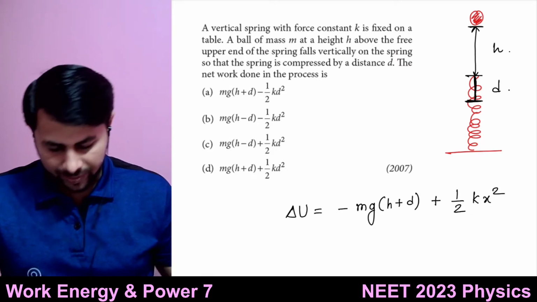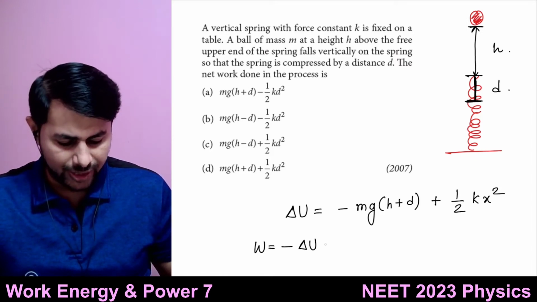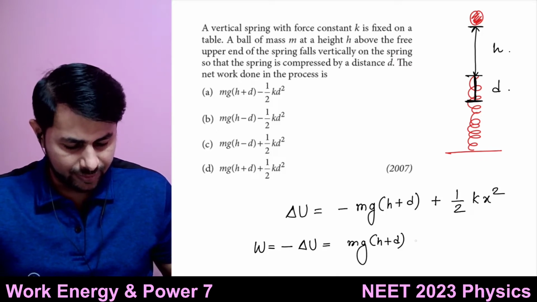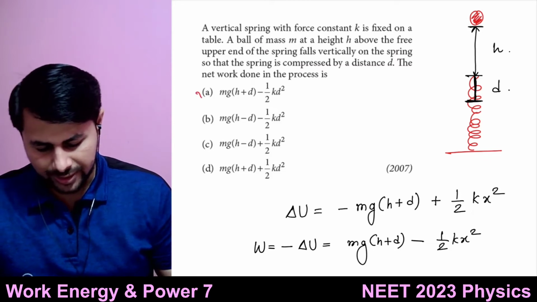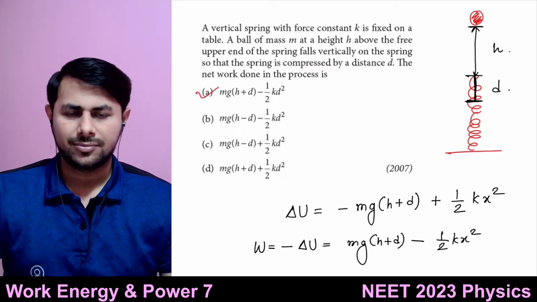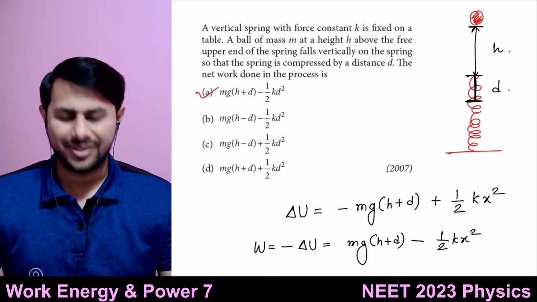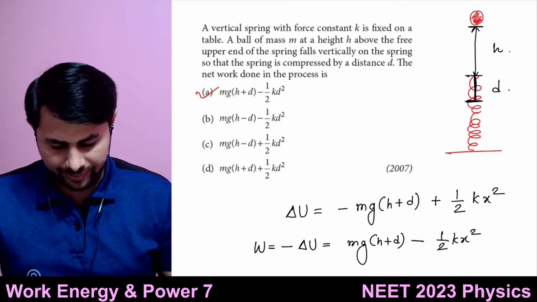So tell me, work done will be equal to what? Minus of the change in potential energy. So that is mg(h plus d) minus half of k times x square. So option A is the answer. Got it? The explanation. Why this negative sign?